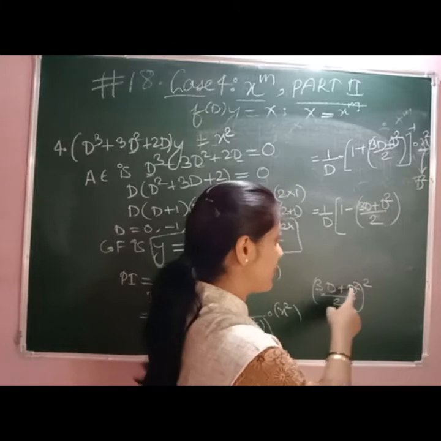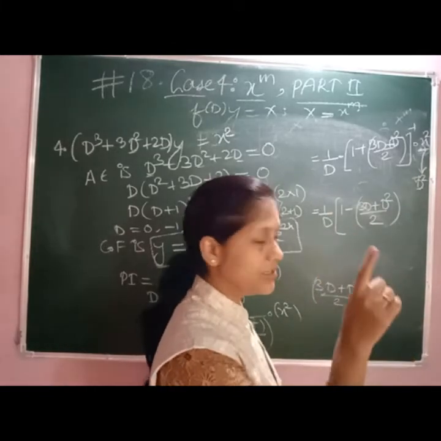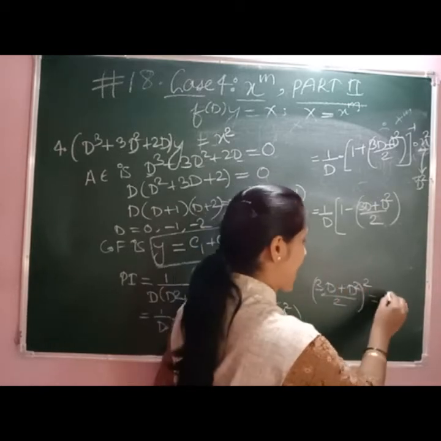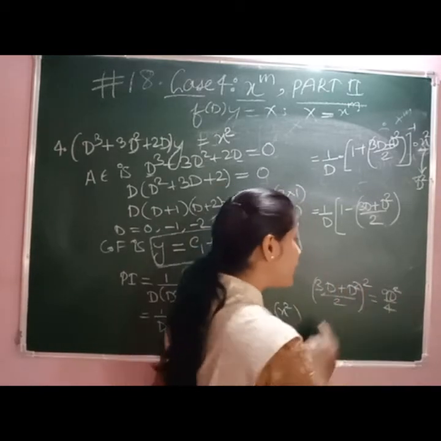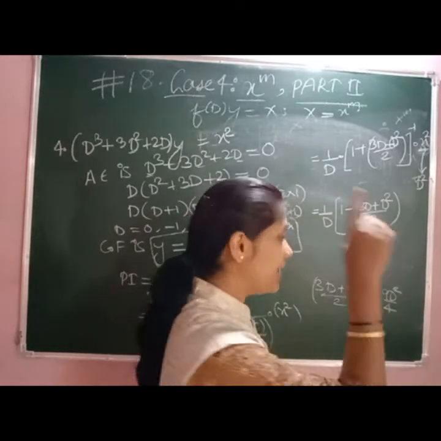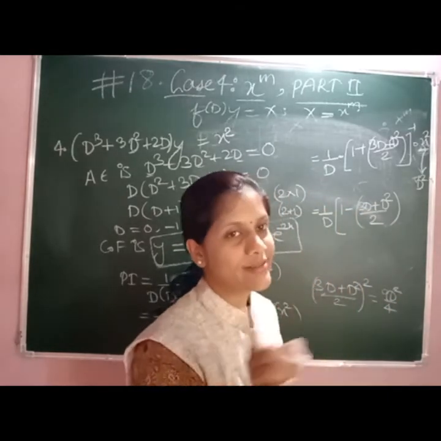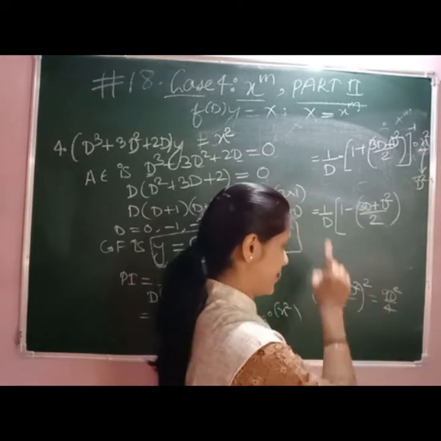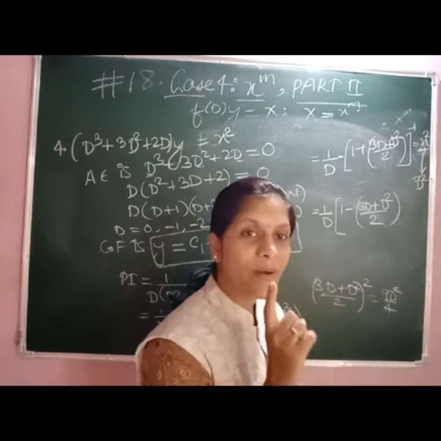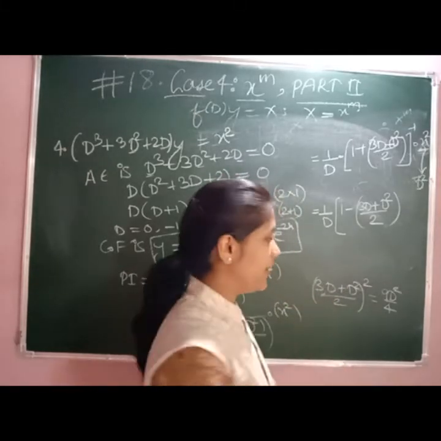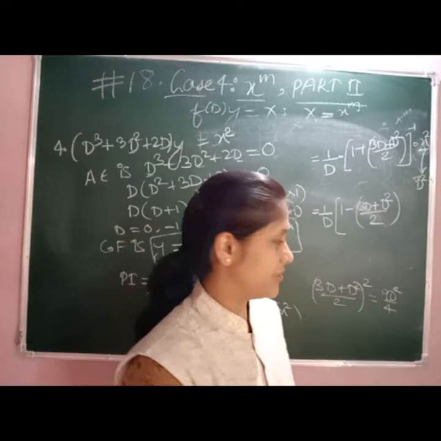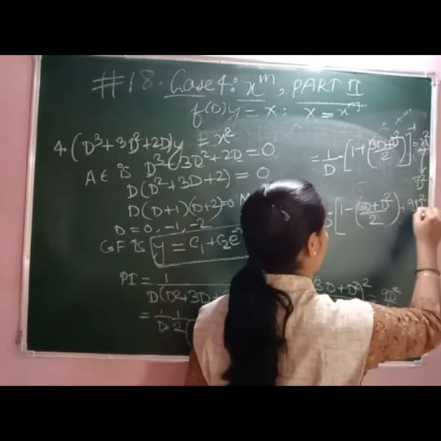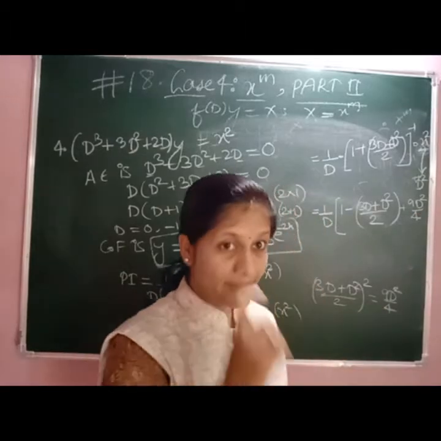So what is the expansion of a plus b whole square? a square plus 2ab plus b square. A square will give 3 3s are 9, d square by 4. 2ab gives d power 3, b square gives d power 4, so no need to consider those.